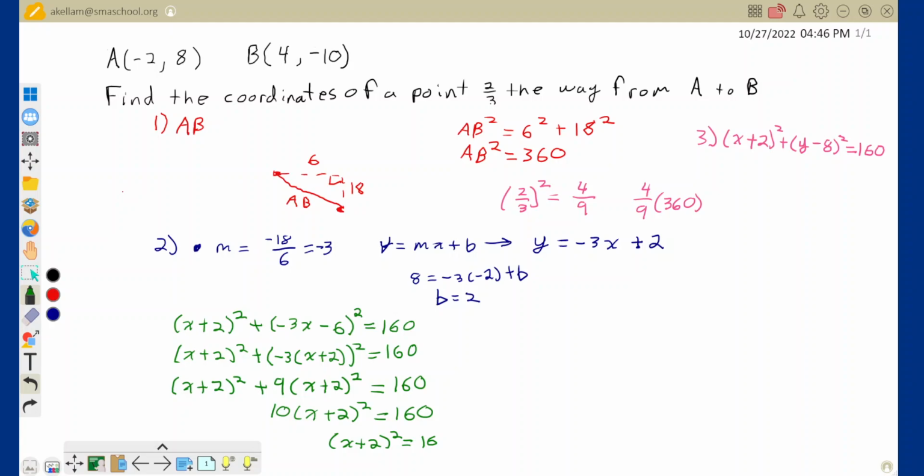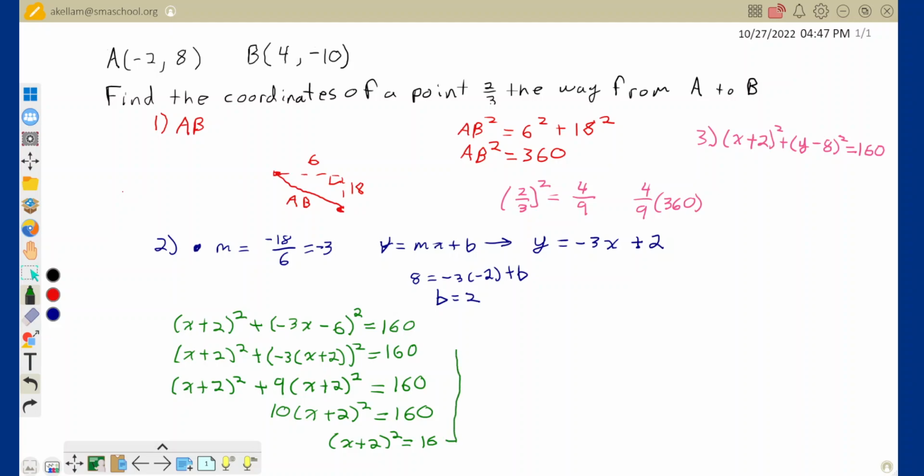This is actually really kind of nice because we have a perfect square. Obviously, this does not always happen.